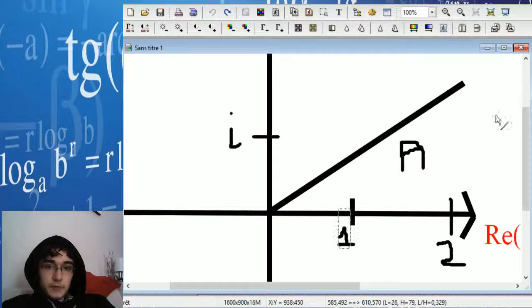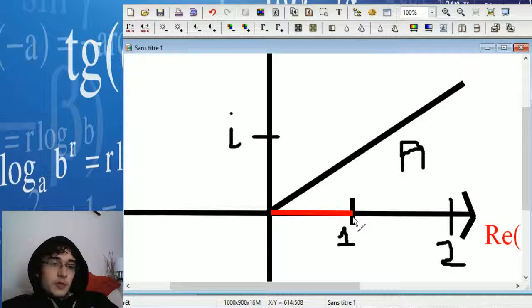The first solution is 1, like here. Okay, so 1, because when you apply the module, 1 times 1 times 1 equals 1, the angle is 0, so 0 plus 0 plus 0 means 0 angle, so you don't rotate anything.